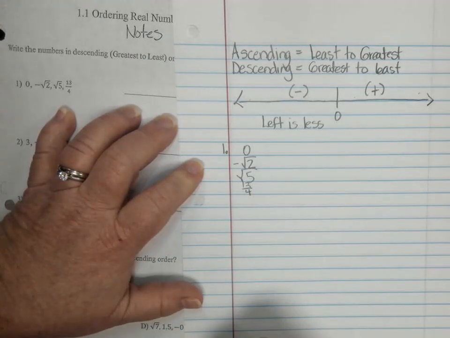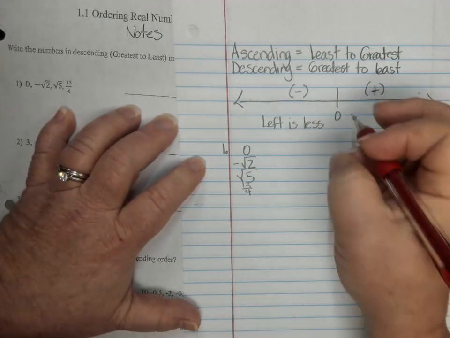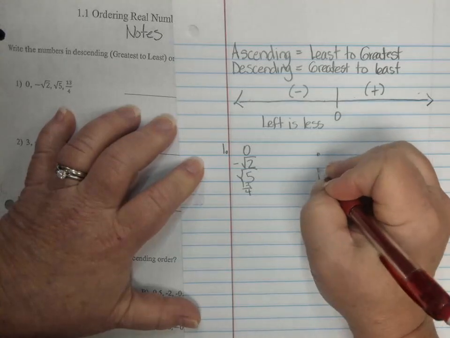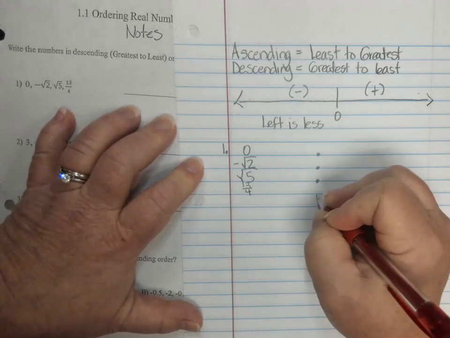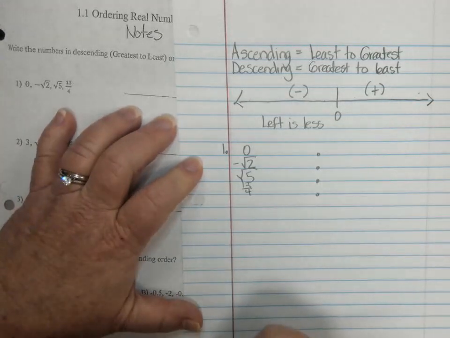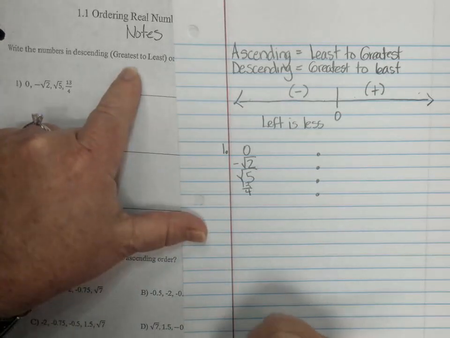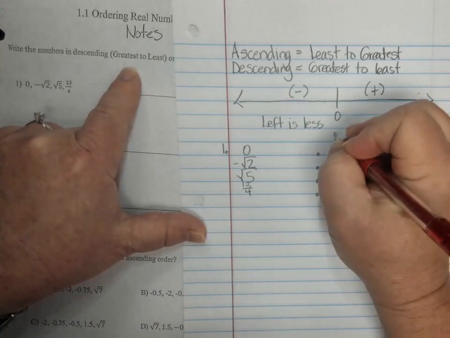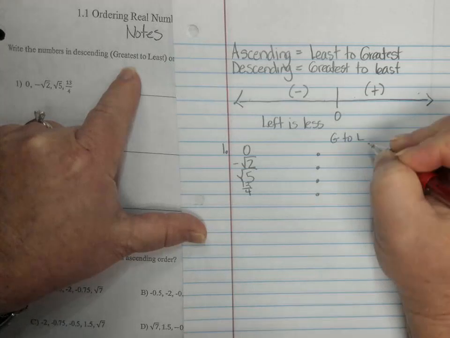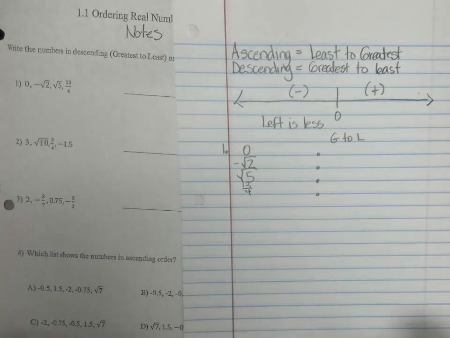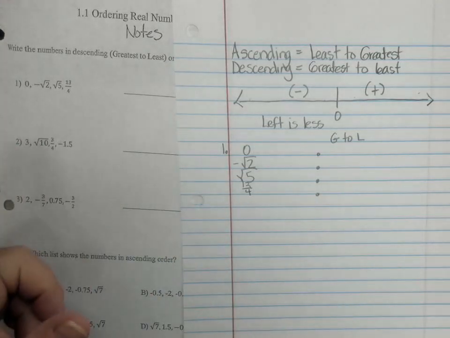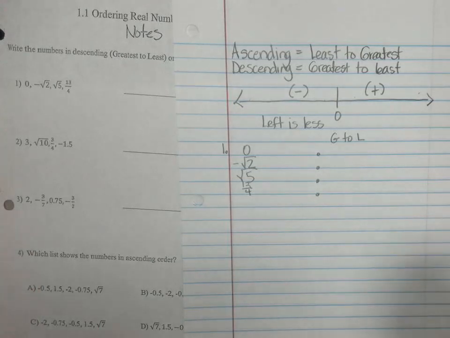Okay? Next, what I'm going to do is come over here and I'm going to put my decimal point, my decimal point, my decimal point, and my decimal point. Also, this is greatest to least, so I should have put G2L, meaning greatest to least. Then I'm going to use my calculator, and I'm going to keep my decimals straight.